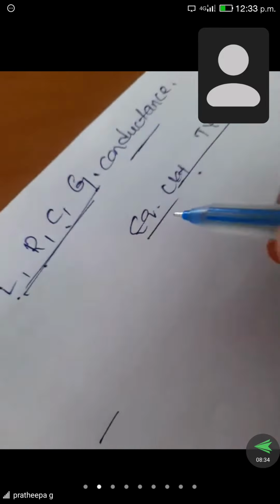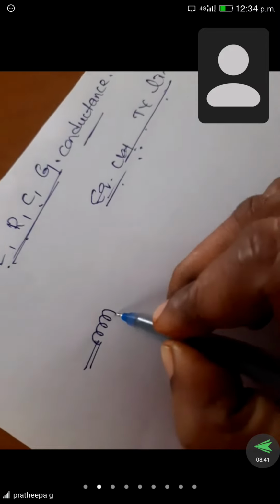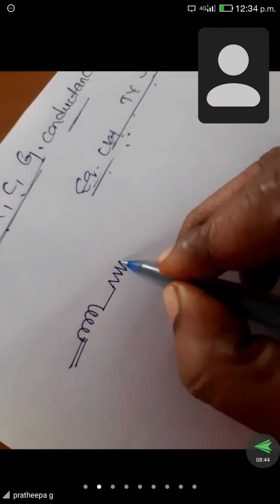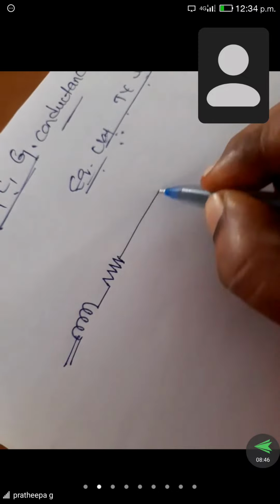So first one is the inductance, then resistance.